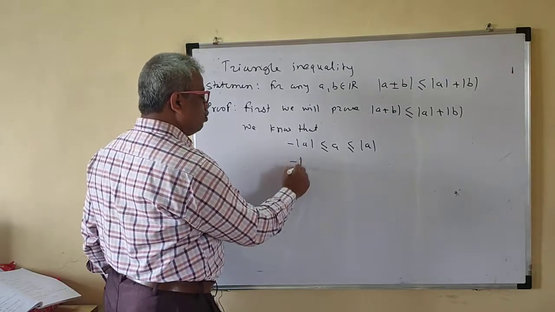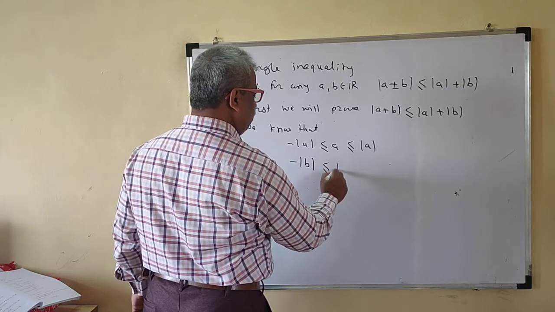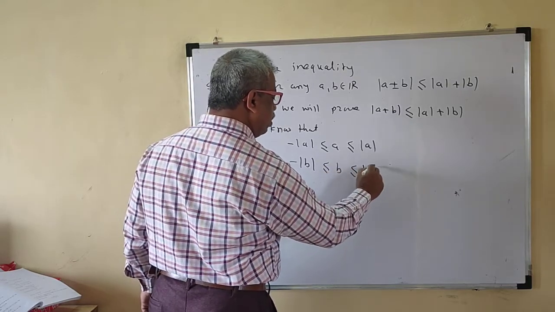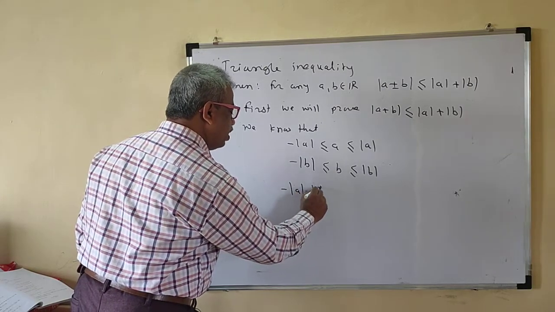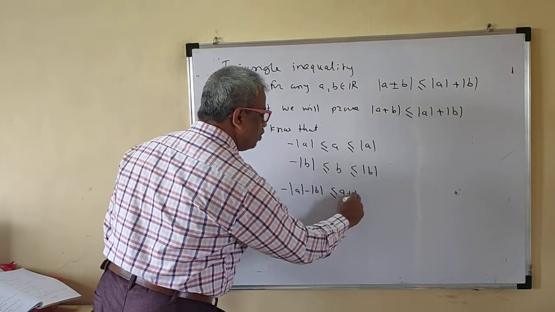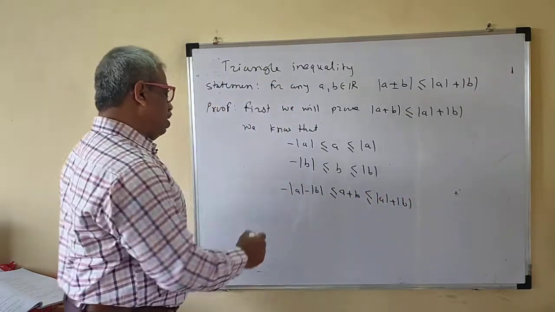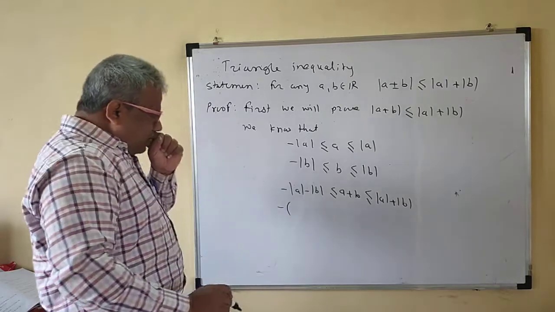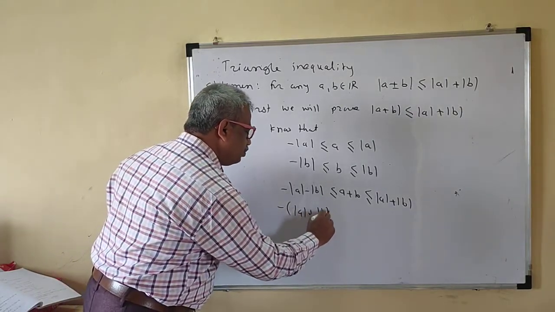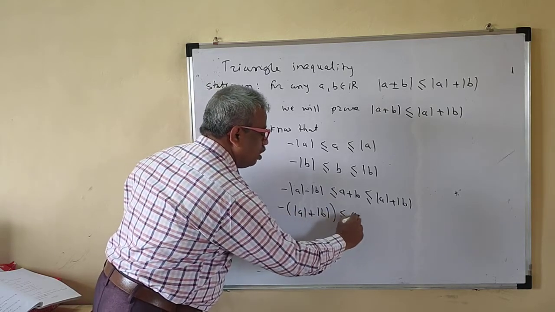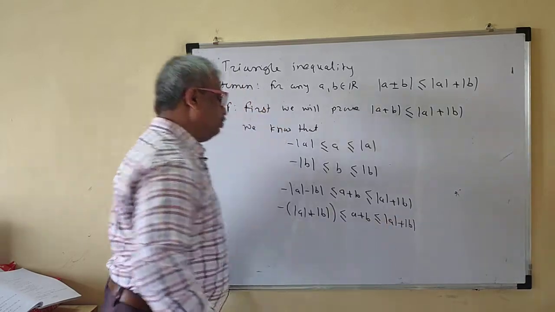Similarly, minus mod of b is less than or equal to b, less than or equal to mod b. So this means minus mod a minus mod b is less than or equal to a plus b, less than or equal to mod a plus mod b.